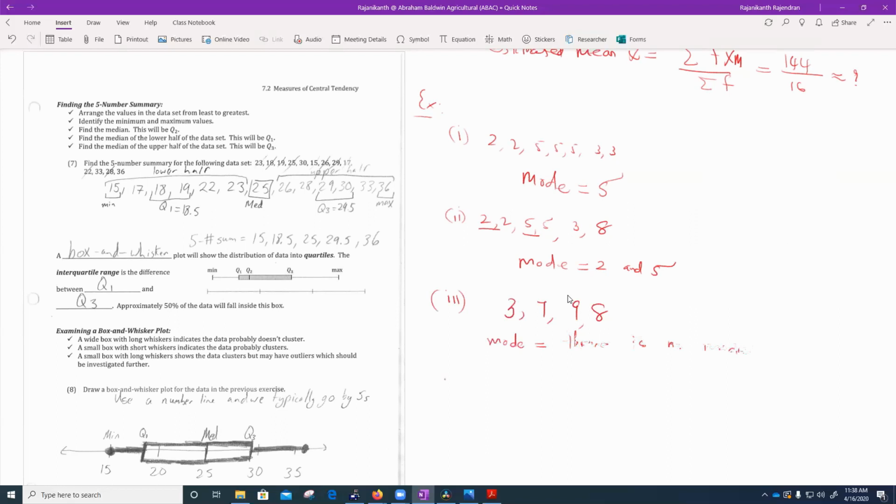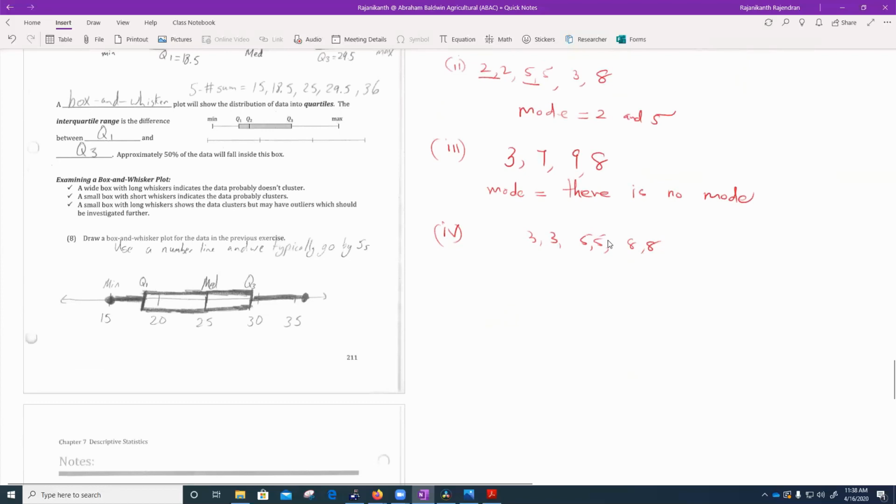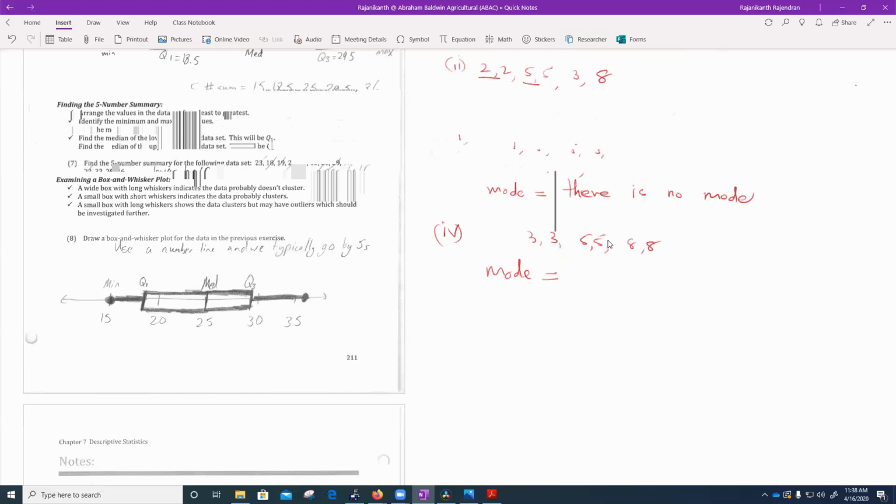The last one: 3, 3, 5, 5, and 8, 8. Then what is your mode? Listen carefully. You should not have the same frequency if you want to find a mode.